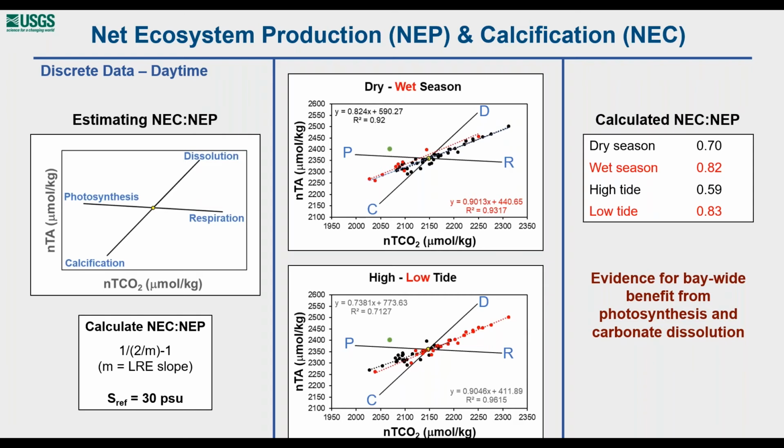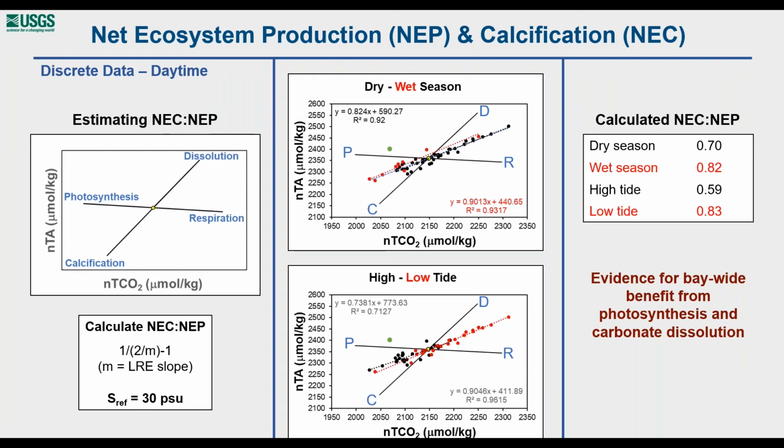And we can estimate the ratio of net ecosystem calcification to productivity from the slope of a linear regression of the data. The middle set of graphs show our salinity normalized total alkalinity and total carbon data for the dry and wet season. Again, this is our discrete data. And for high and low tide, we have a good linear fit, and we have NEC to NEP ratios of less than 1, indicating that we have strong biological influence from photosynthesis and respiration.